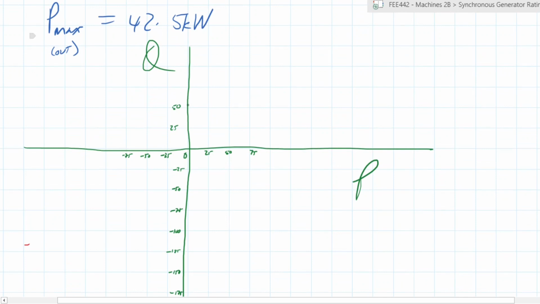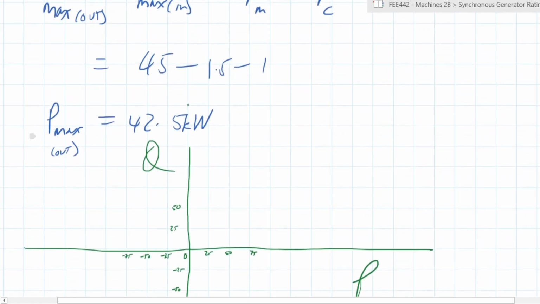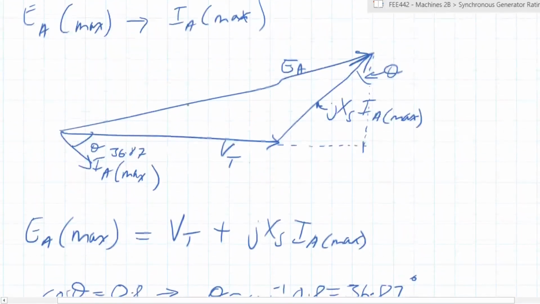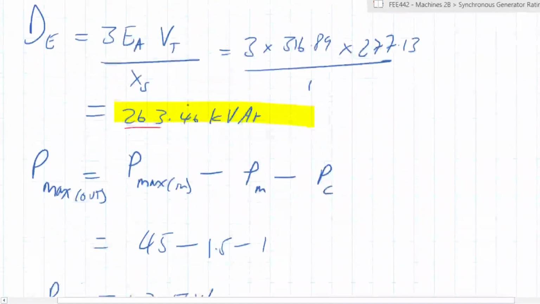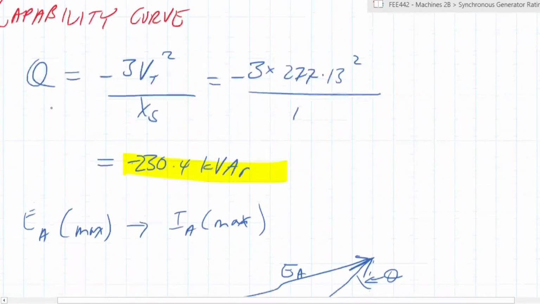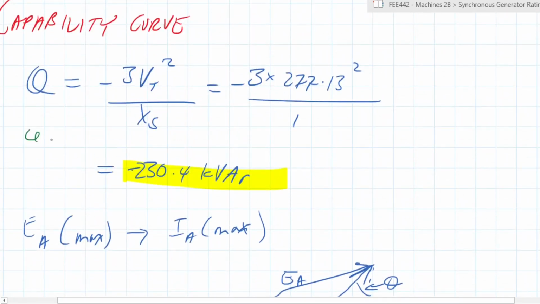So the first thing is we look for the field current limit. The field current limit is a circle centered around the Q point with a radius of DE. So DE will be our radius, and the Q point will be our center, right? So our center is at negative 230.4 kVAR.